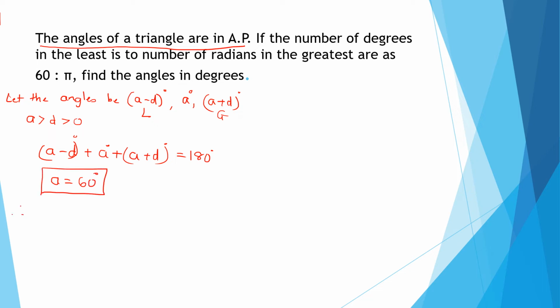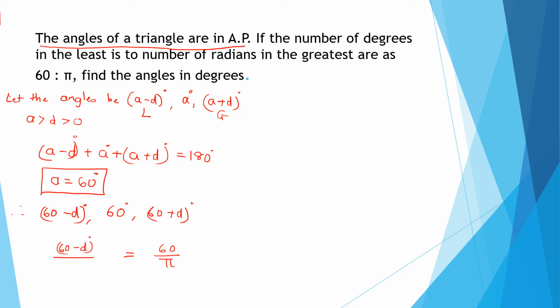Therefore angles क्या हो जाएंगे? 60 minus D degree, 60 degree, 60 plus D degree. Correct? अब क्या बोला है? रेशियो कितना दिया है? रेशियो 60 upon pi. कैसे दिया है? नंबर ऑफ डिग्रीज इन द लीस्ट क्या आएगा? 60 minus d degree. Correct?